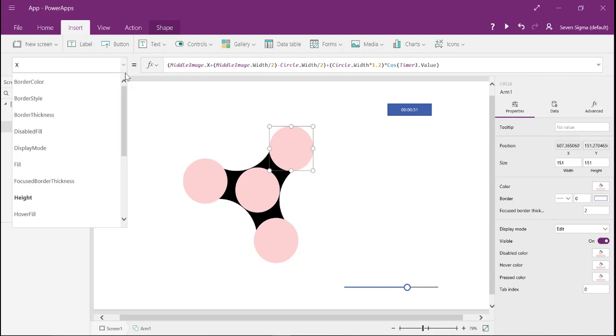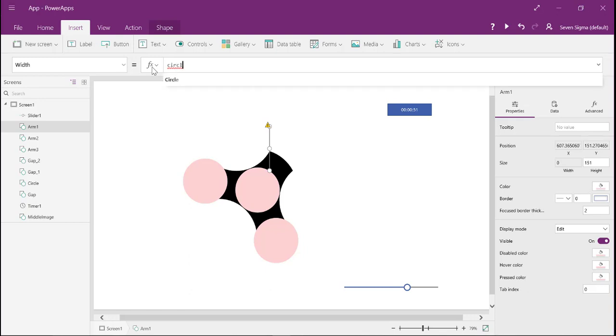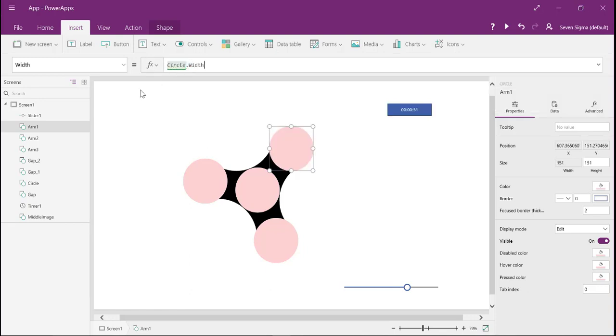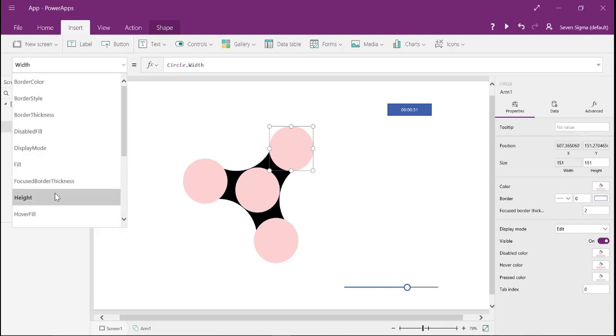The width and height of each of these, instead of, so the arms are going to have the same width as this one. So if I go, we called it circle dot width. You can't spell circle. Circle dot, you are making me very self-conscious about this right now. Circle dot height. Actually, we'll see if we can set multiple properties in a sec.